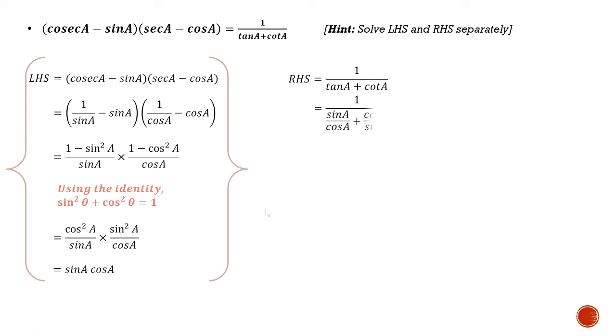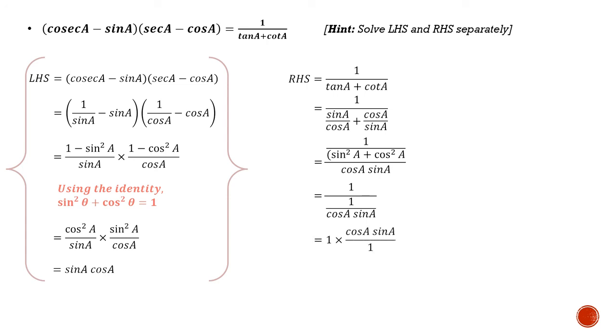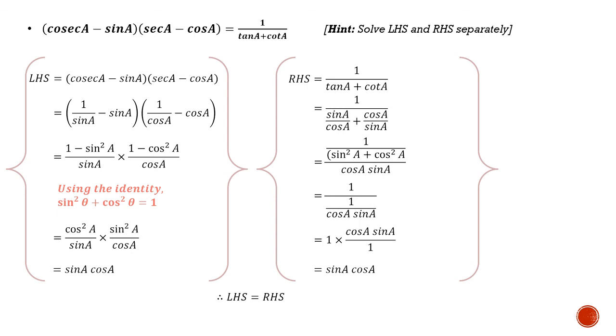That's what I will be doing here, and simplifying my denominator, and more simplifying, because sine square A plus cos square A is equal to 1. Upon simplifying it, we are eventually reaching our destination and finally reached. Hence, left hand side is equal to right hand side. Questions look simple, but your presence of mind can save your day.